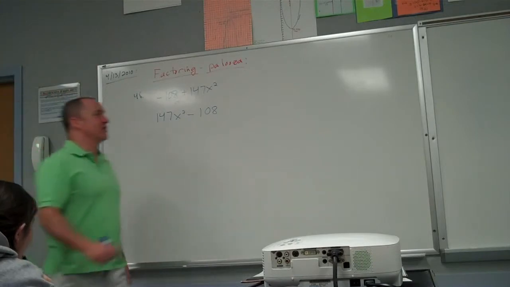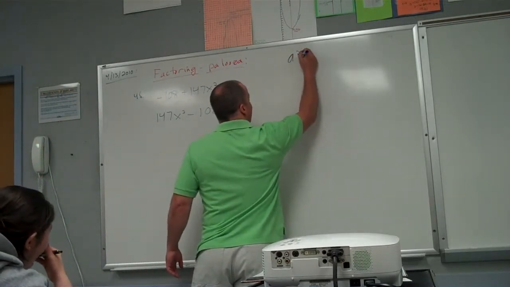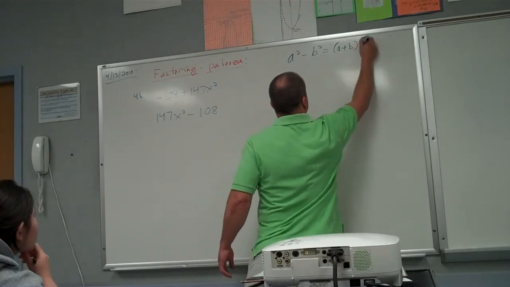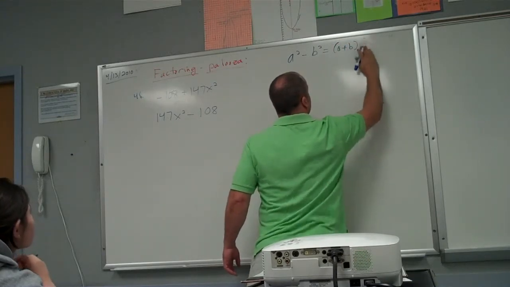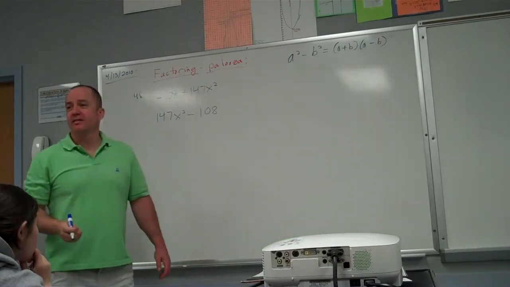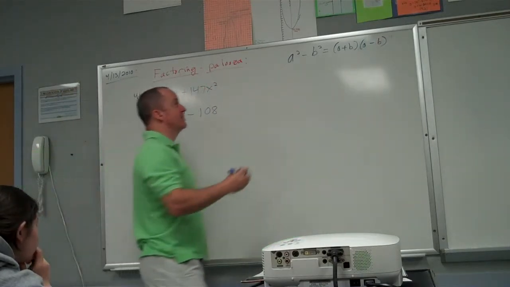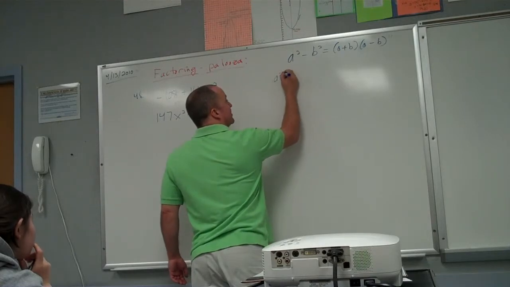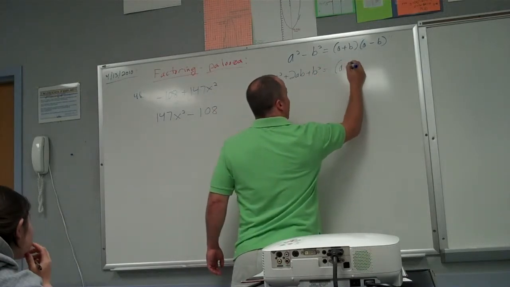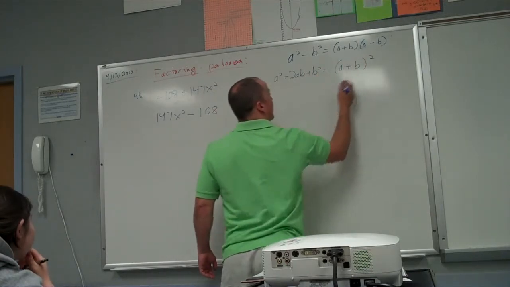Okay, I'm going to write our two patterns up over here. A squared minus b squared breaks down to a plus b times a minus b. Remember that pattern? And a squared plus 2ab plus b squared is a plus b squared.